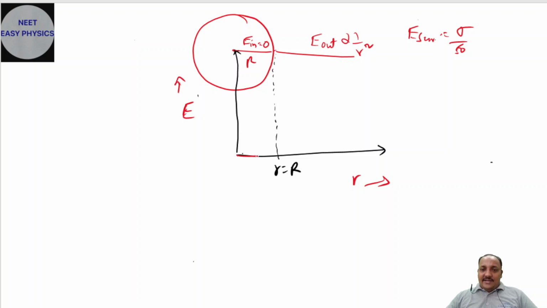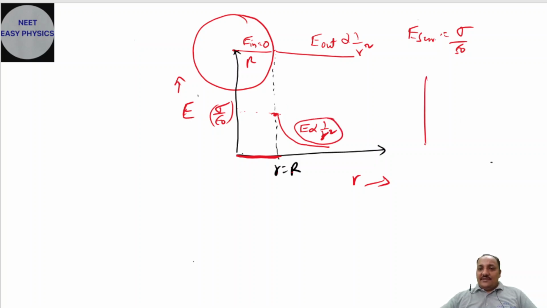So electric field intensity will be 0 from center to surface. Therefore line will be coming here. After that suddenly at r equal to R, E value is going to be sigma by epsilon naught on the surface. Whenever r is equal to R, it is surface. Later it is going to decrease, rectangular hyperbola. We discussed already in graphs what is the nature of the graphs if it is inversely proportional.